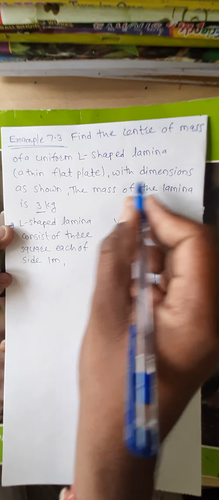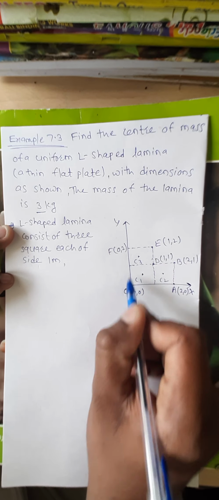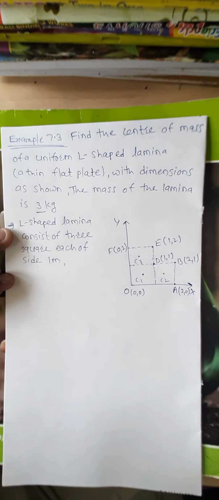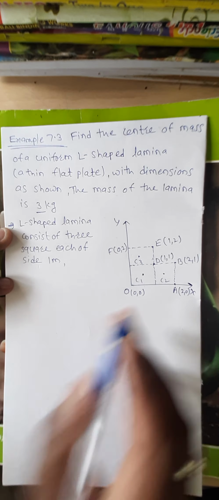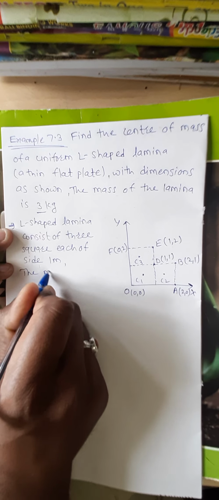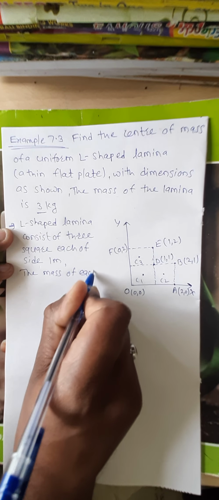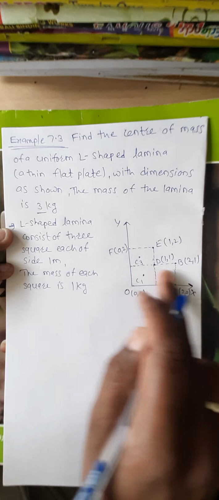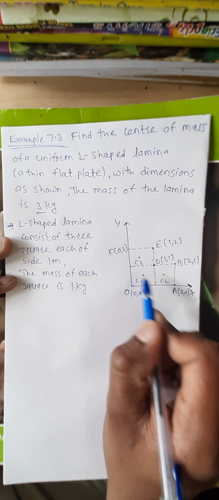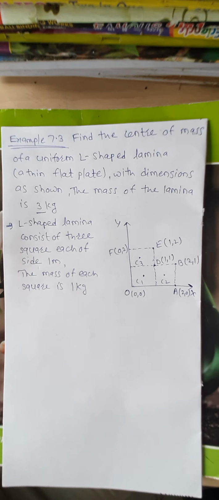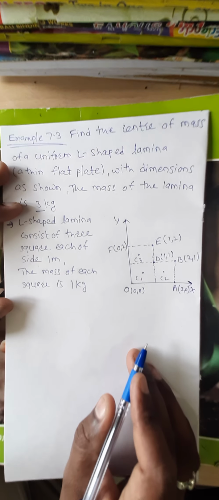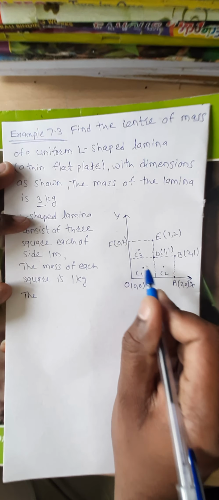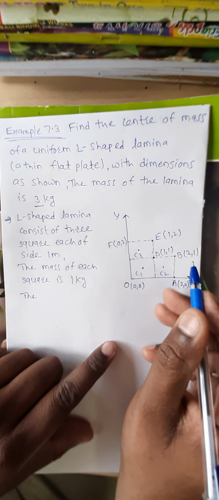The total mass of the lamina is 3 kg, and 3 squares are present, so the mass of each square is 1 kg.